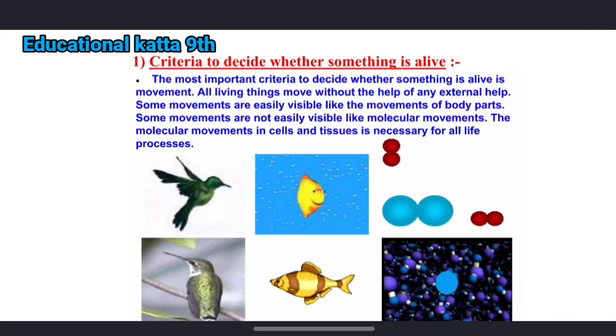Okay. So now the first slide is saying criteria to decide whether something is alive. First of all, whenever we are starting a lesson, like now we are starting a lesson that is life processes, you should know what is meant by life processes. Life processes are the basic functions performed by an organism in order to maintain its life on earth, that sustain their life on earth.